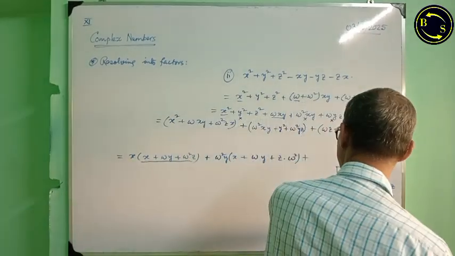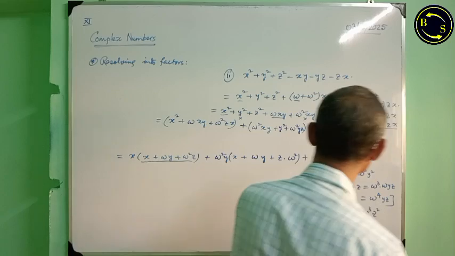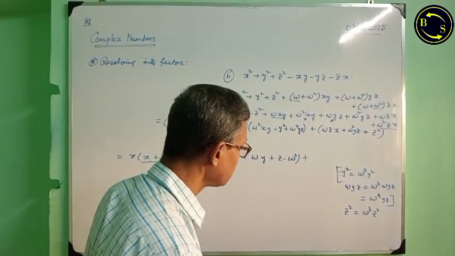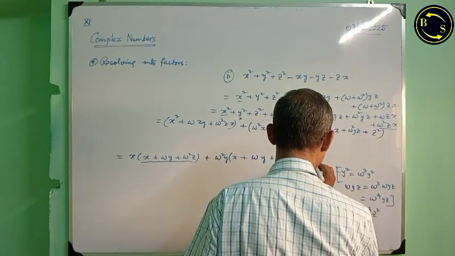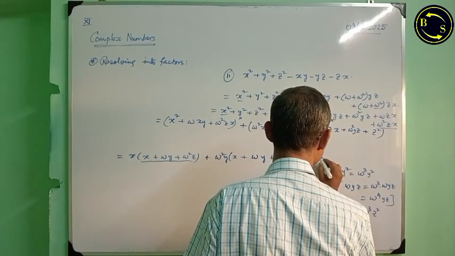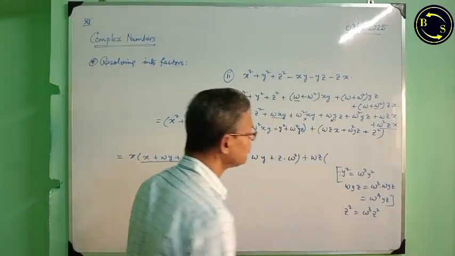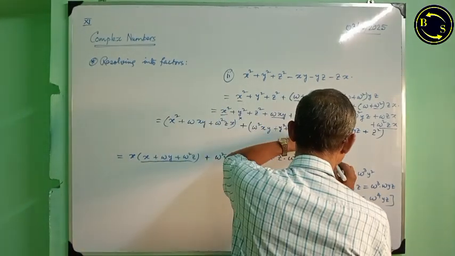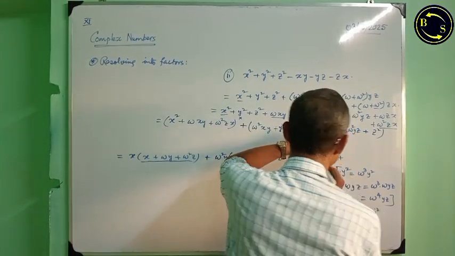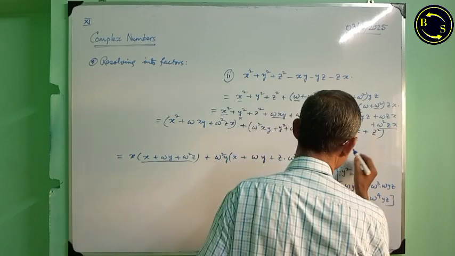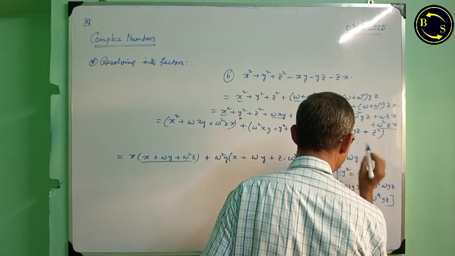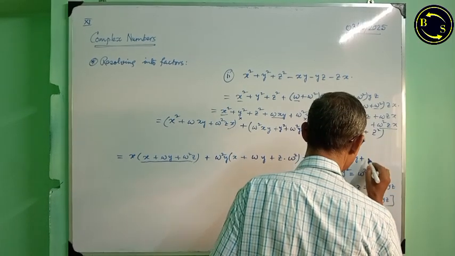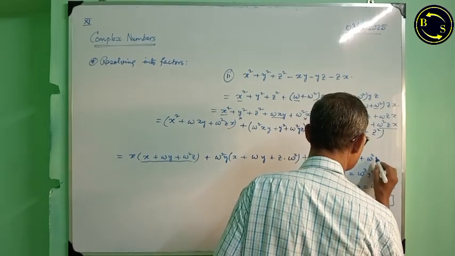That means omega is part of the common factor, so omega z will be the common factor. Then omega z taken, x plus omega y plus omega square z.